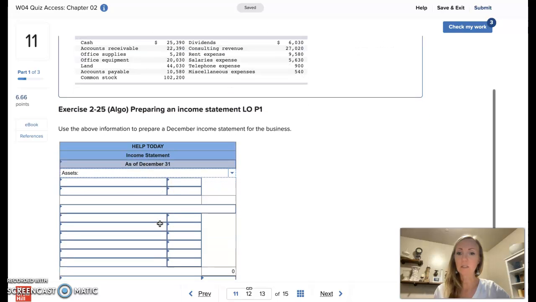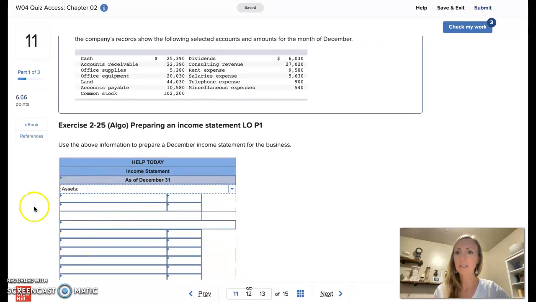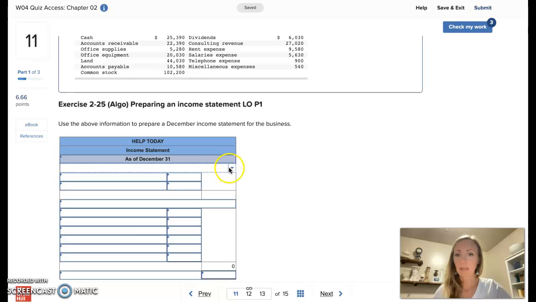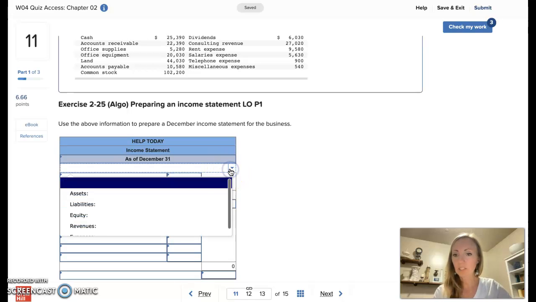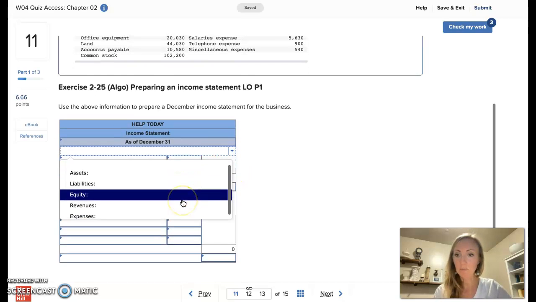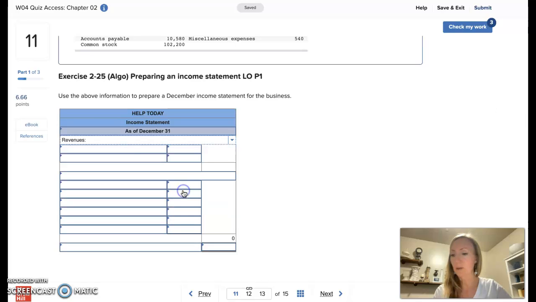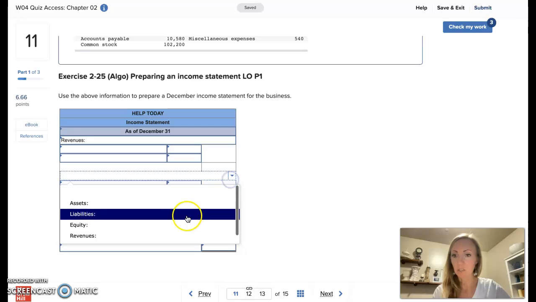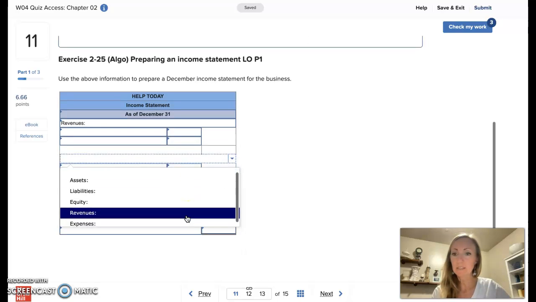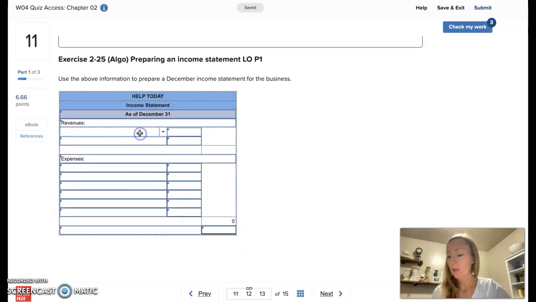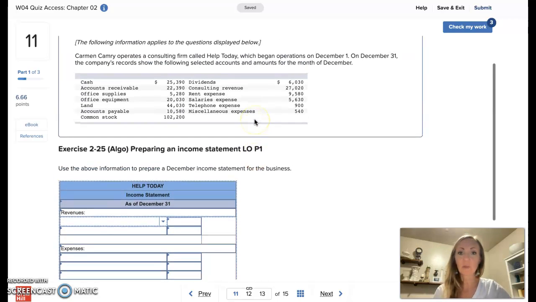All of our assets we should be able to recognize. Okay, so we wanted to change that, it started out as assets. We want to change that to revenues, and down here we want to change this to expenses. In our revenues, the way that revenue is earned is with this consulting revenue, so we want to select that.